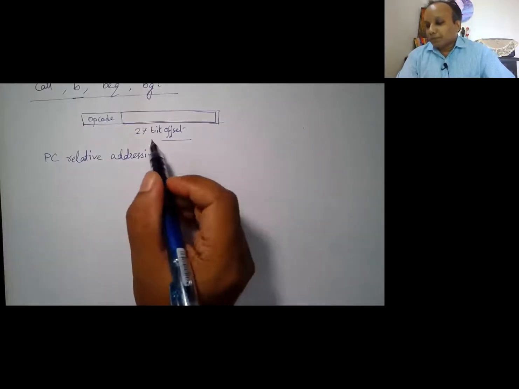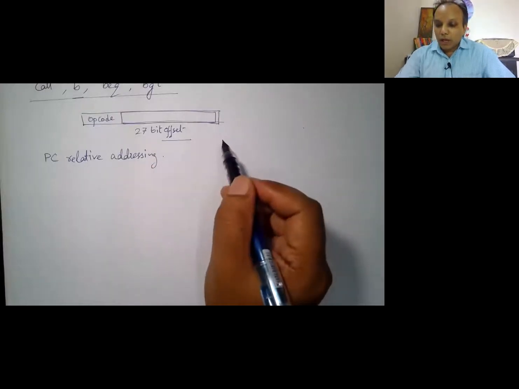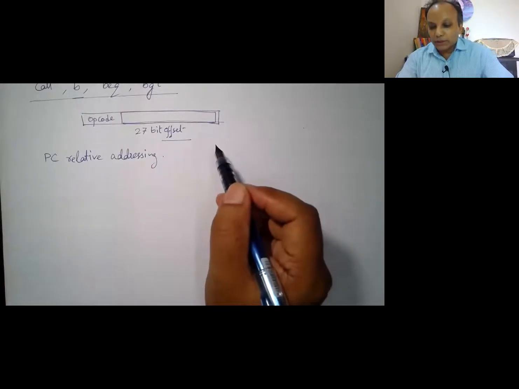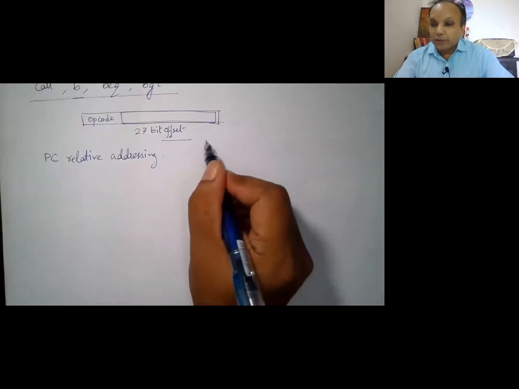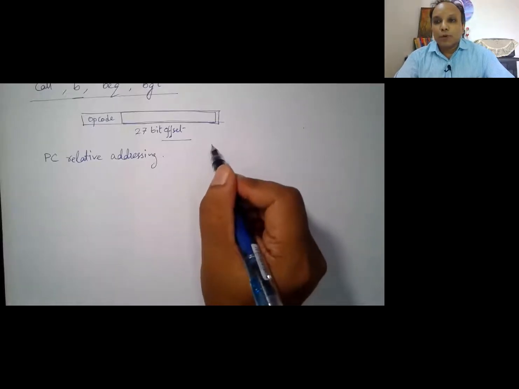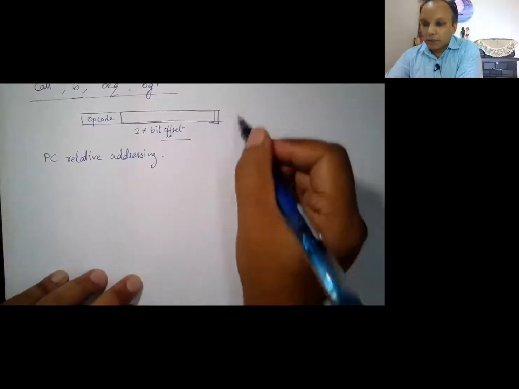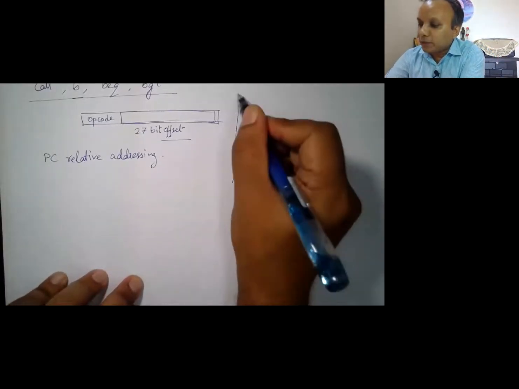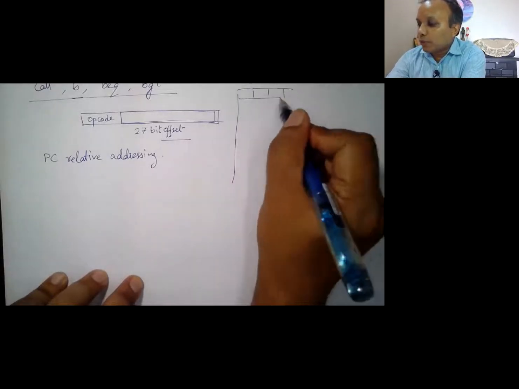Now generally, all the instruction addresses are a multiple of 4, because each instruction is 4 bytes, right? If I list down all the instructions, their addresses will be multiples of 4, because each instruction requires 4 bytes to store.